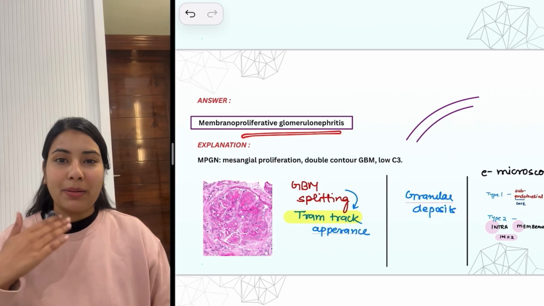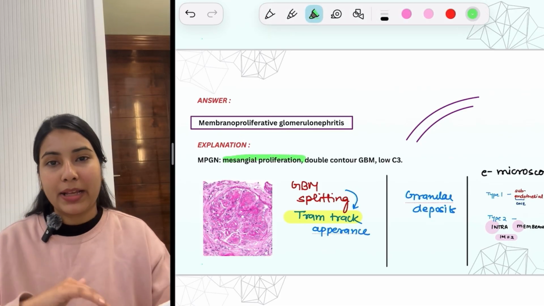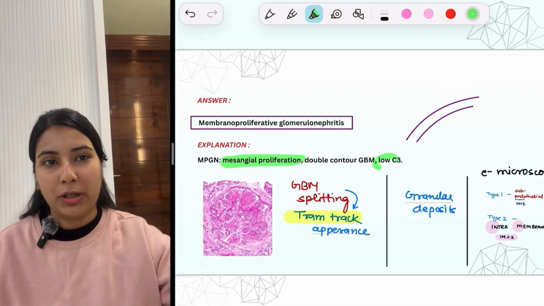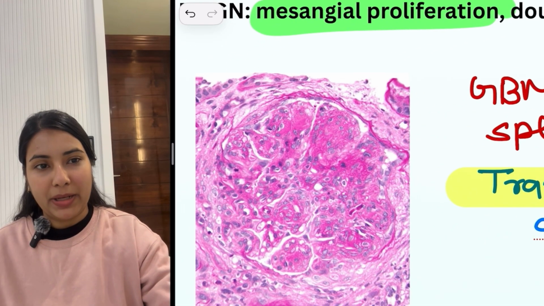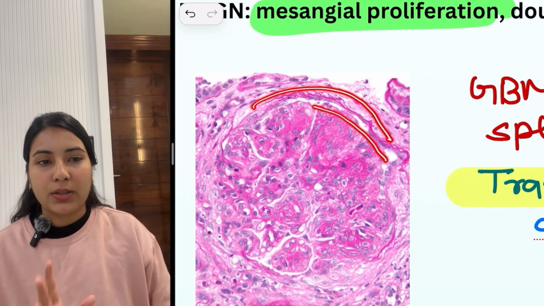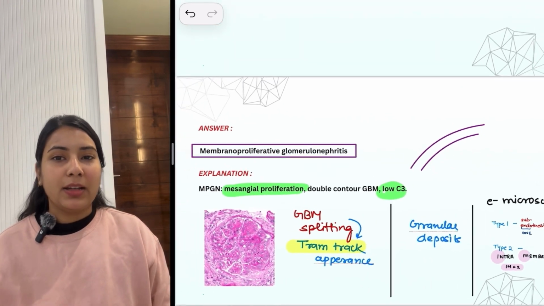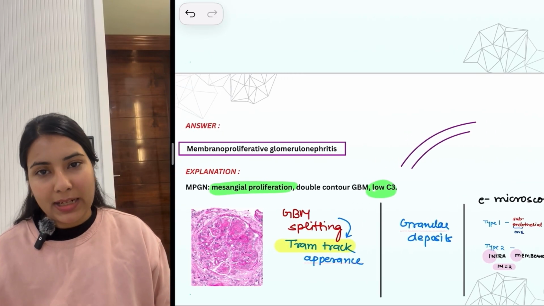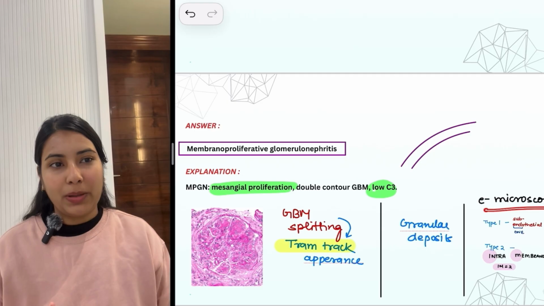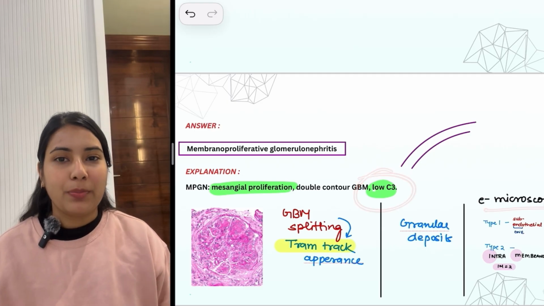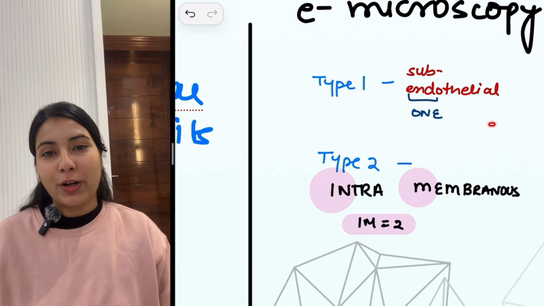We will remember that the membrane is proliferated, so you have a typical tram-track appearance in membranoproliferative glomerulonephritis. As you can see in this picture, there is a proliferation of membrane. There is a GBM splitting which causes the tram-track appearance in light microscopy. On immunofluorescence you are going to see a granular deposit, and there is a low level of C3, low level of complement, and on electron microscopy it depends on the type of MPGN. Moving on to the next question.